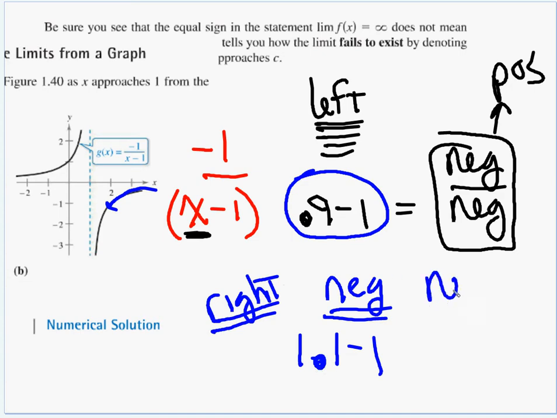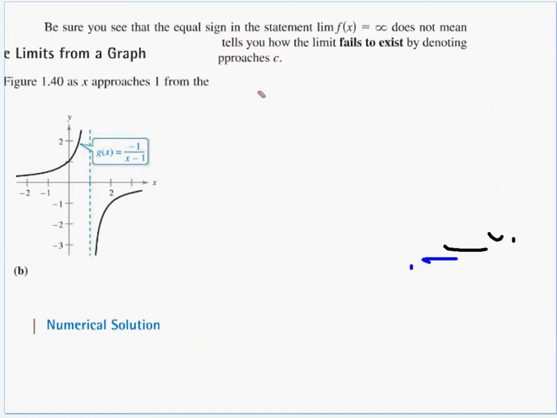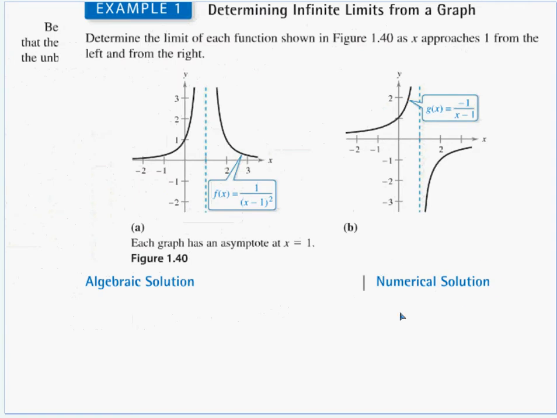So we have a negative numerator. Our denominator when we subtract is positive. A negative divided by a positive is negative. So that means we're heading for negative infinity. Again, with these, it all comes down to the sign of the numerators and the denominators. And numerically, we could have also, just like we did in example 1, put these functions into the TI-89 and come up with a table of values.